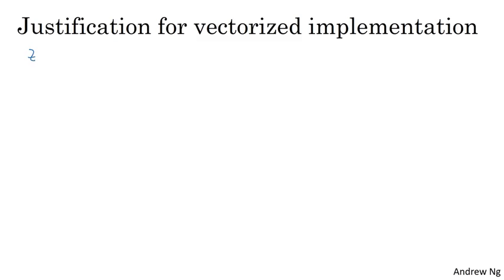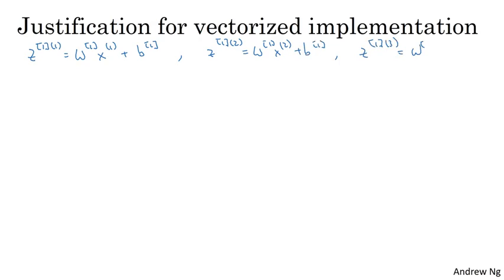Let's say that for the first training example, you end up computing W1 x1 plus b1, and then for the second training example you end up computing W1 x2 plus b1, and then for the third training example you end up computing W1 x3 plus b1.